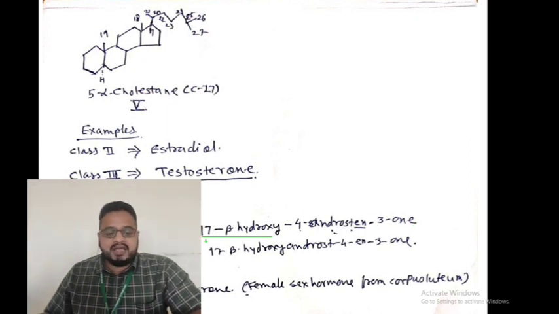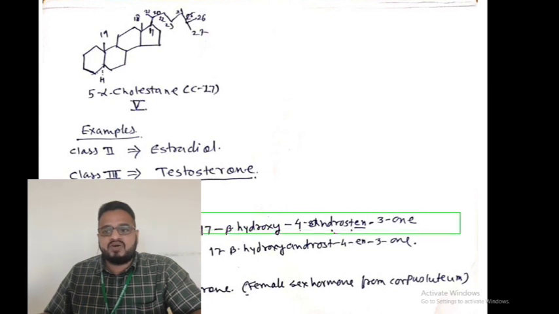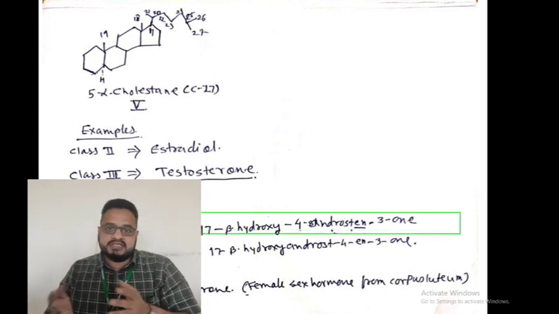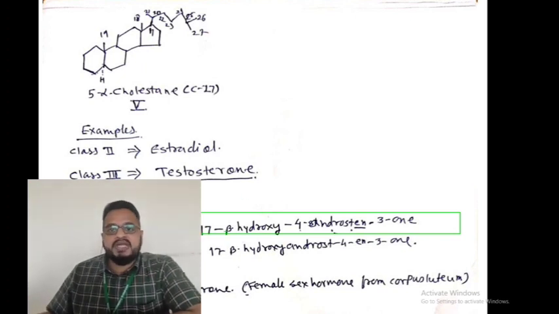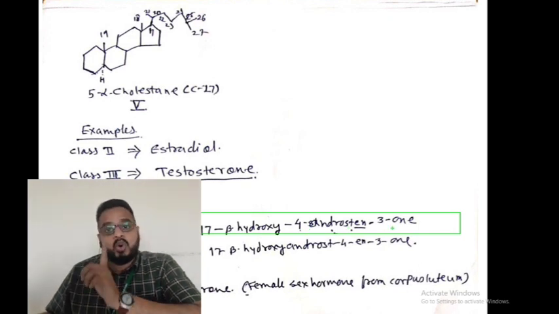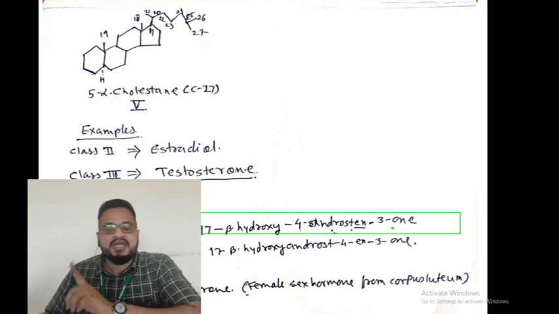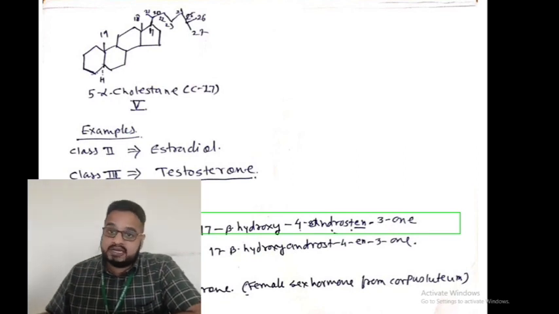So if I want to write the IUPAC nomenclature of testosterone, a male sex hormone, that would be 17 beta hydroxy 4-androsten-3-one. So this is the way you are supposed to write the nomenclature, the most important thing. This may be asked in your examination as well.